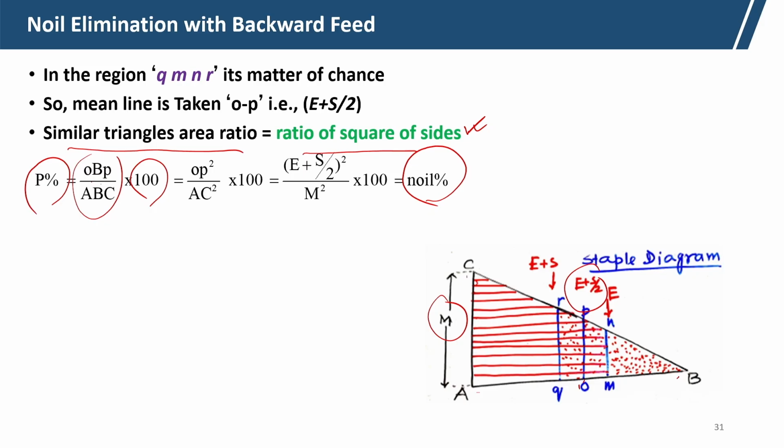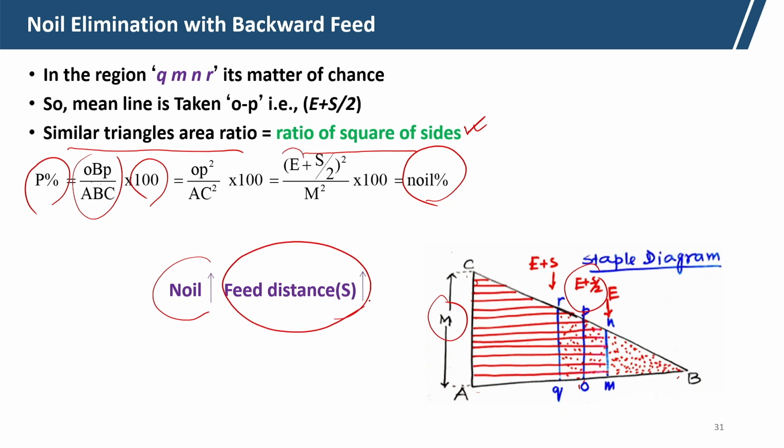Now, if we see the forward feed, the noil percent increases as the feed distance increases. In case of backward feed, if we increase the feed per cycle, the noil percent will increase.